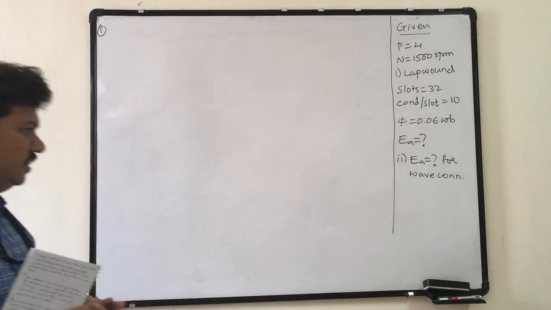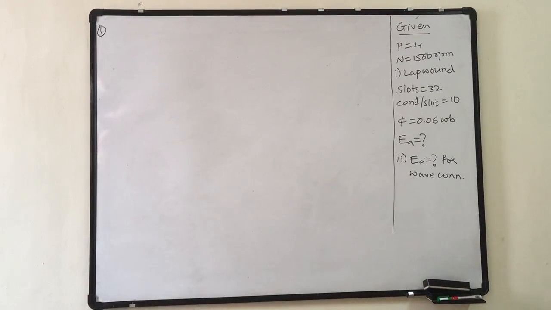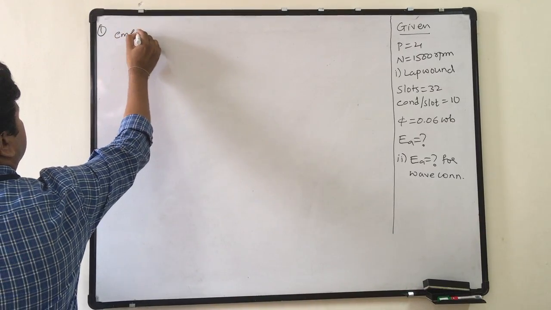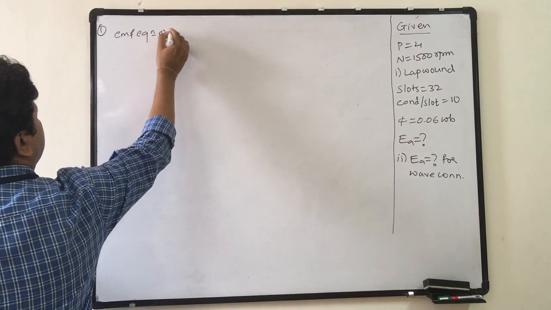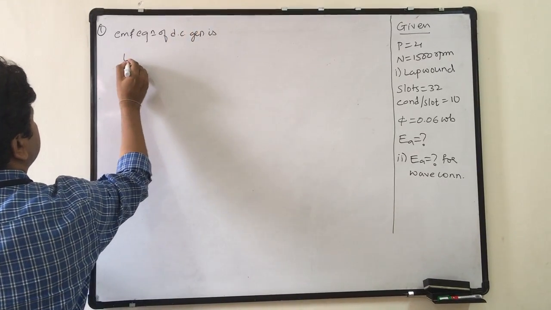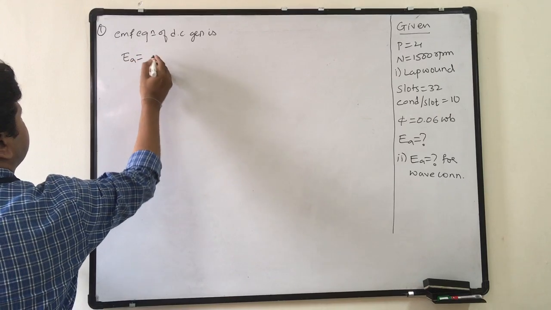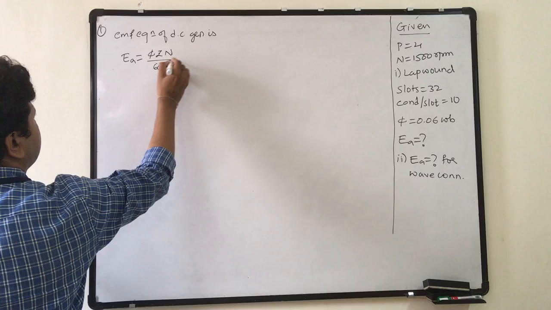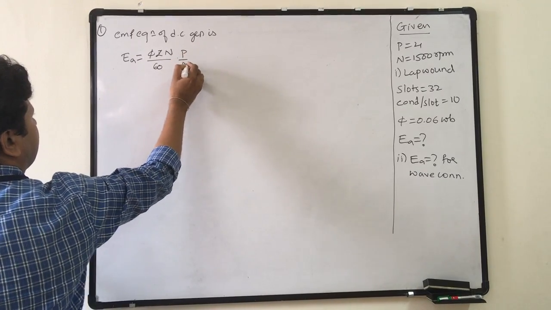The expression for induced EMF, that is the EMF equation of DC generator, is EA is equal to phi Zn by 60 into P by A.